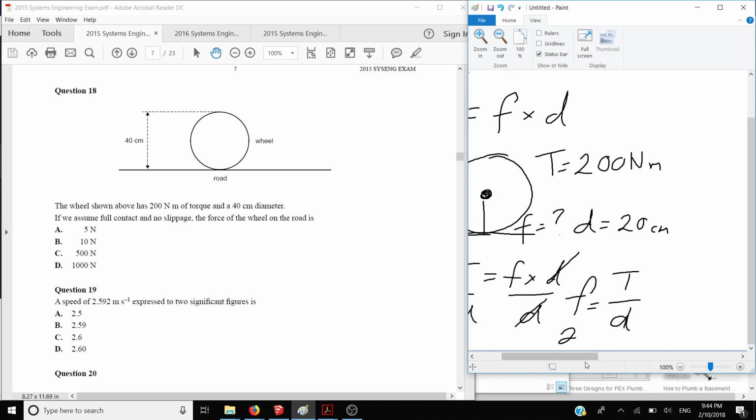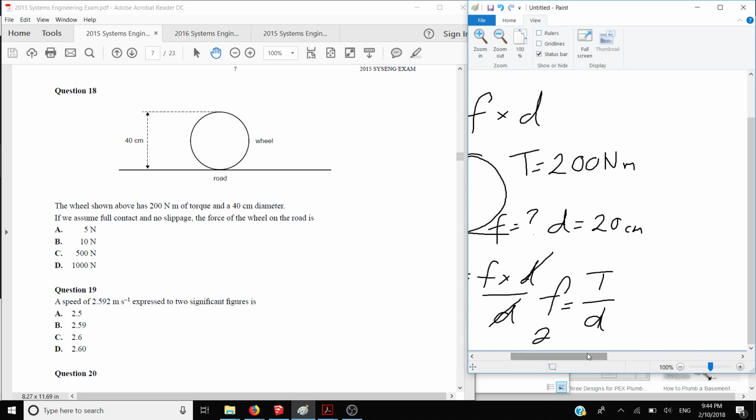I've run out of room. So our torque is 200 Newton meters. Our distance is 20. Be mindful, working in meters because it's Newton meters and this is centimeters.